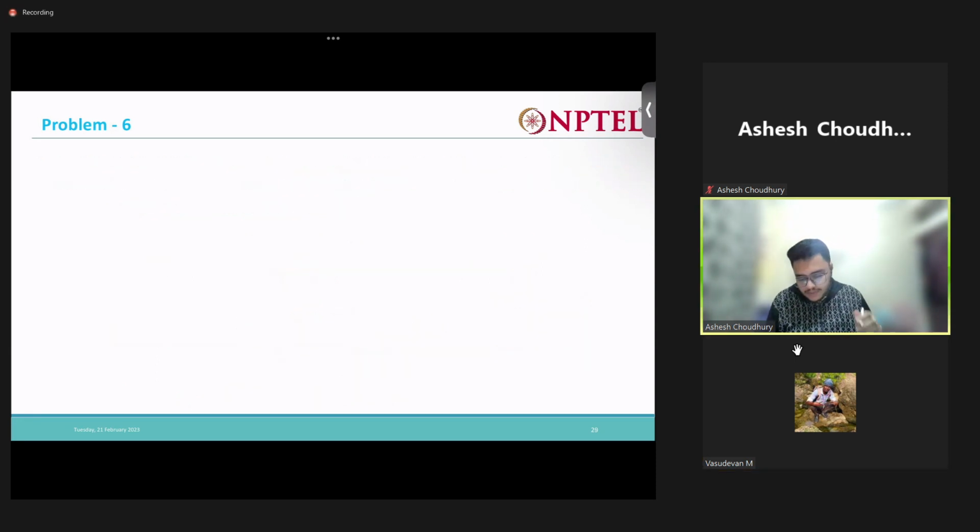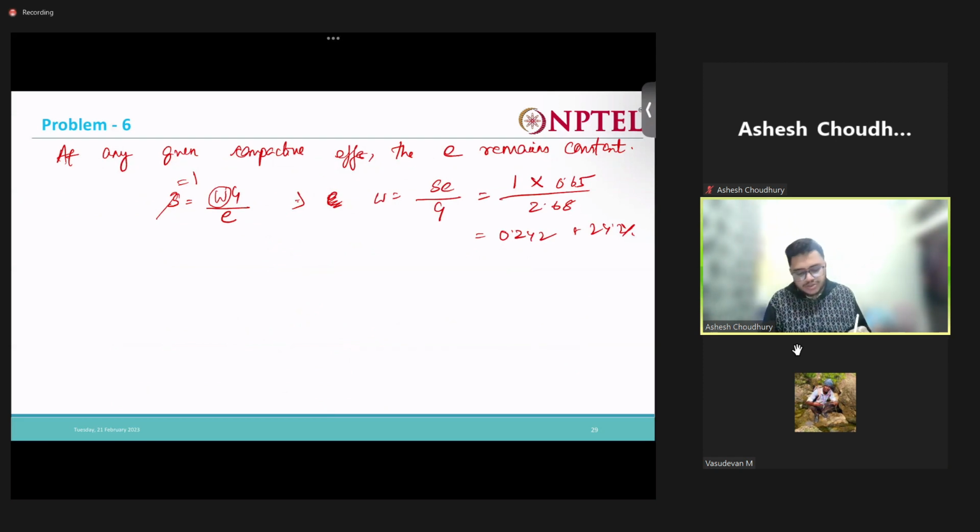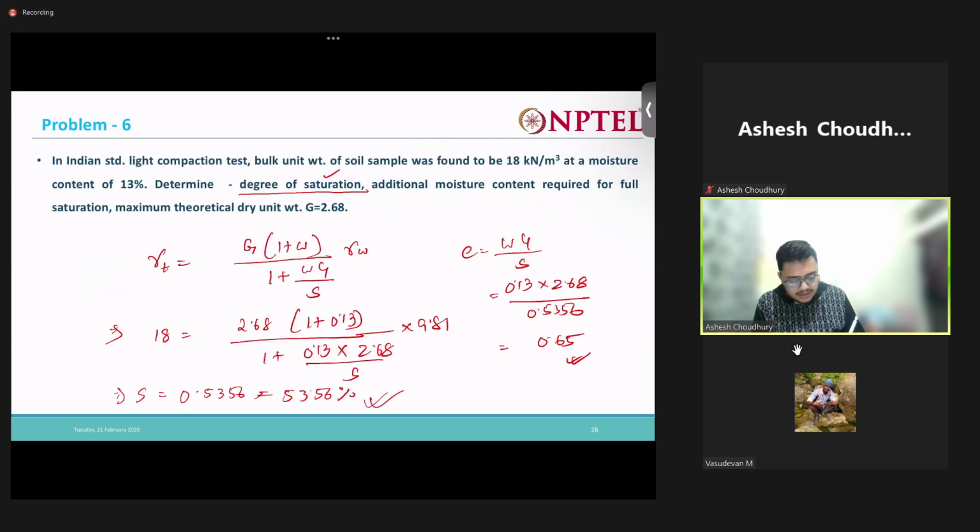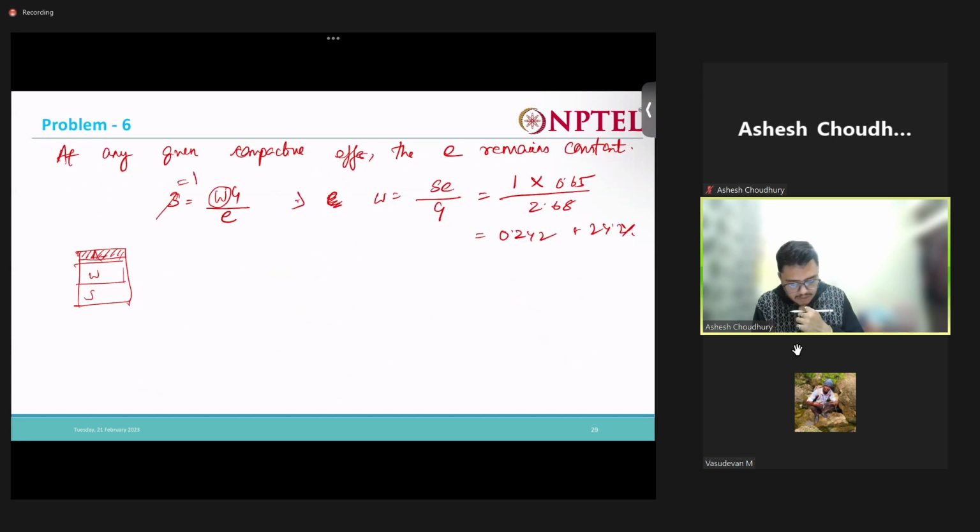So using that void ratio, what I'm saying is that here is soil, water, air. Initially you compacted something and reduced the volume, so some air was eliminated. In this state there is 53.56% saturation.